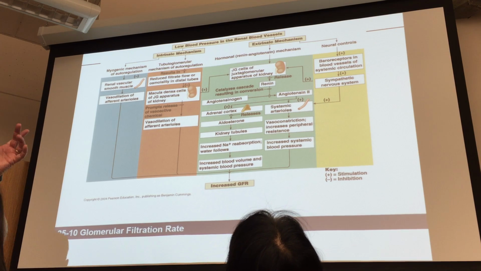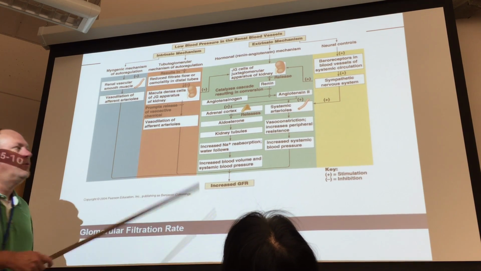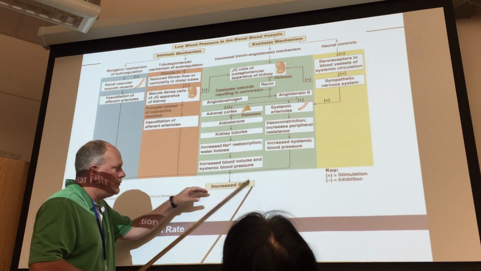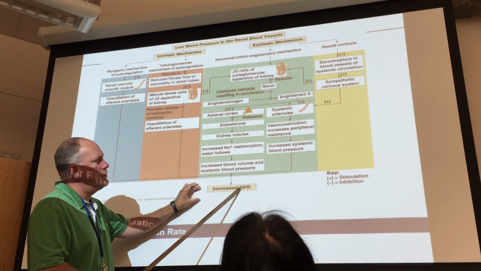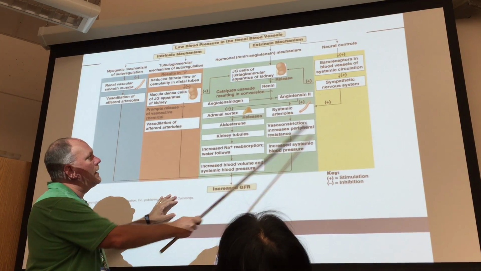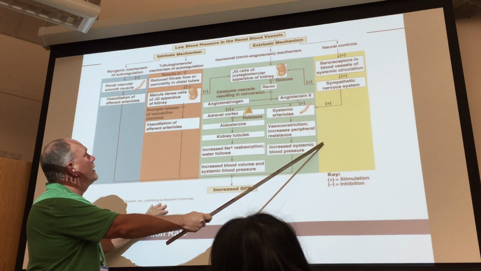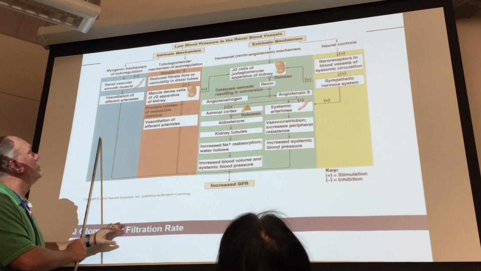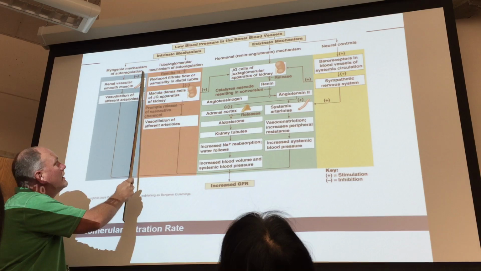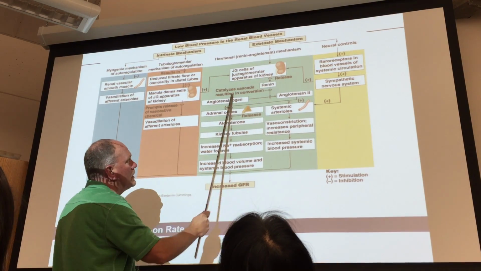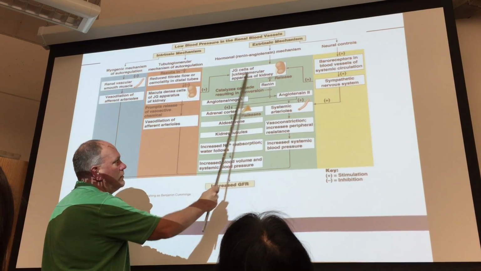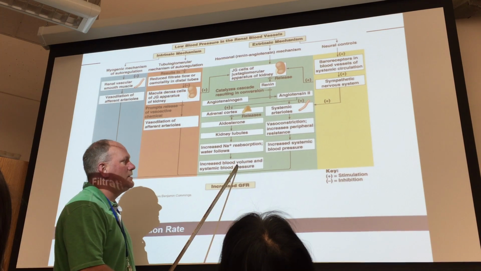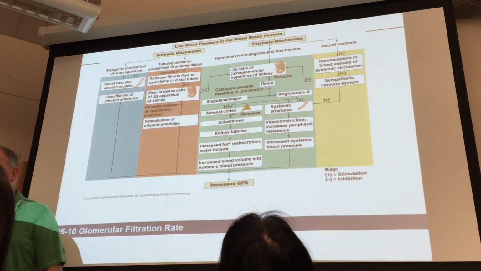So all of these factors in this chart will increase GFR, glomerular filtration rate, and I gave you several mechanisms of where these can actually happen. We've got these over here, which are intrinsic, and then we've got the extrinsic, and a lot of the ones in green you'll need to know for sure, because they all raise blood pressure.